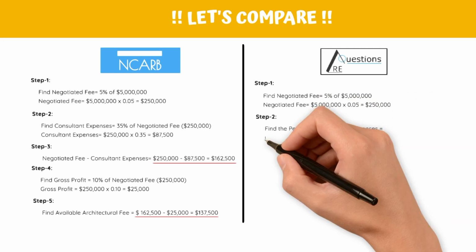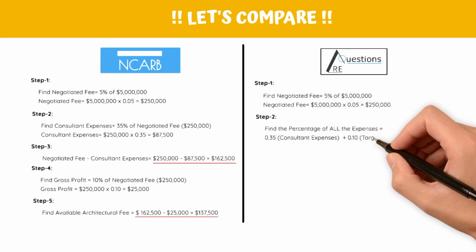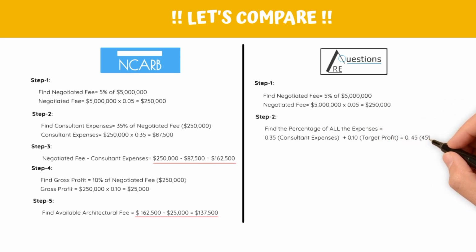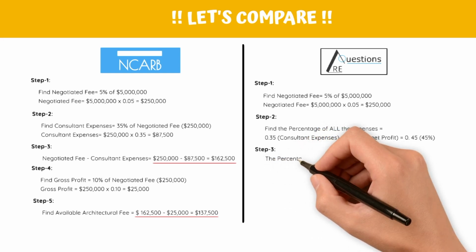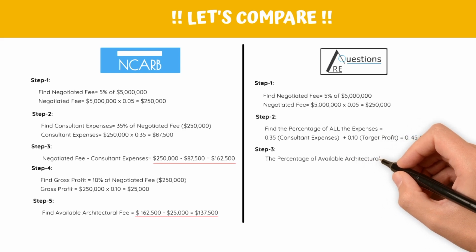Instead of calculating the percentages separately, I find the percentage of all expenses. So I have 35% of consultant expenses and I have 10% of target profit, which brings me to a total of 45%. So in step 3, I deduct the expenses from the whole to find the percentage of architectural fee that's available.